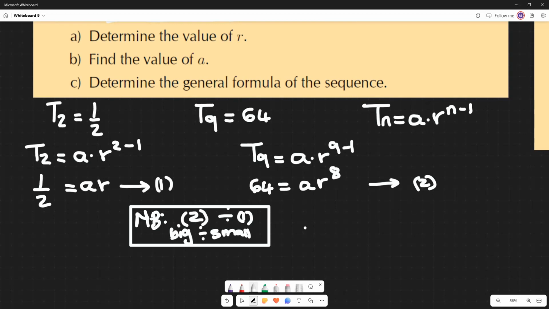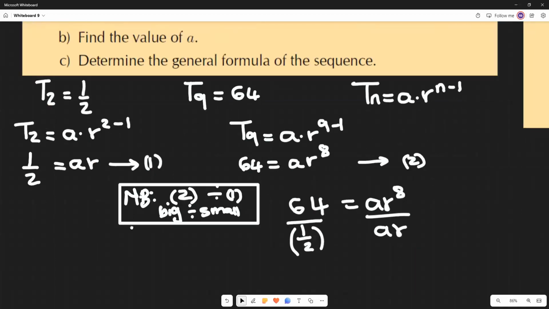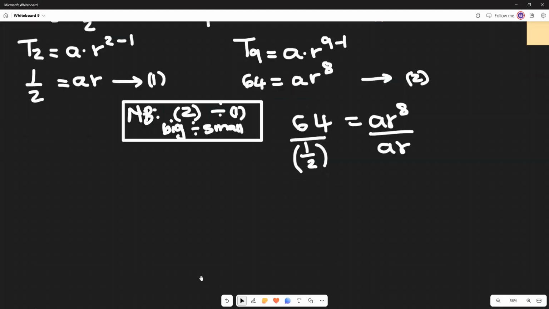So now the bigger one is 64 over A R to the power 8, and we divide it by the smaller one. This side we have half, so 64 divided by half, and this side we have A R. Now you'll see how easy it gets. 64 divided by half gives us 128.